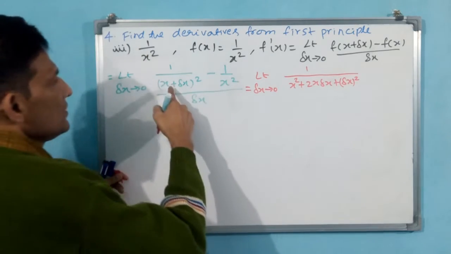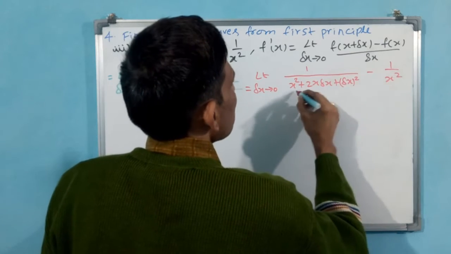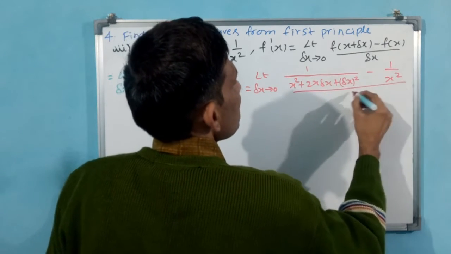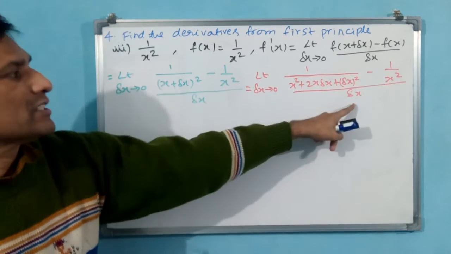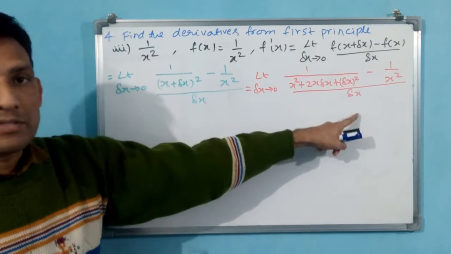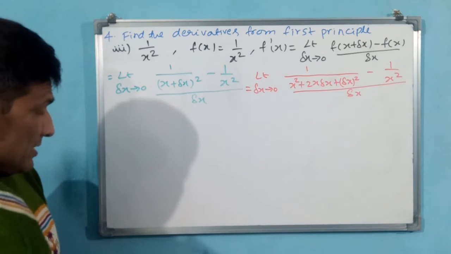Okay, this is here minus 1 by x square divided by delta x. This delta x we can think as delta x divided by 1. A by b divided by c by d, afterwards we will make it a by b into d by c.